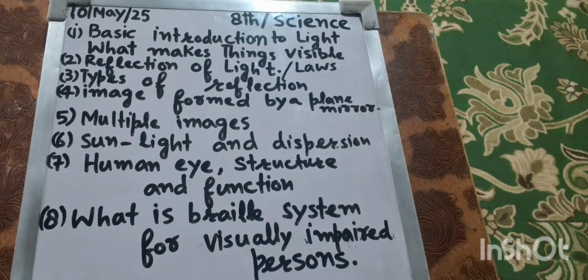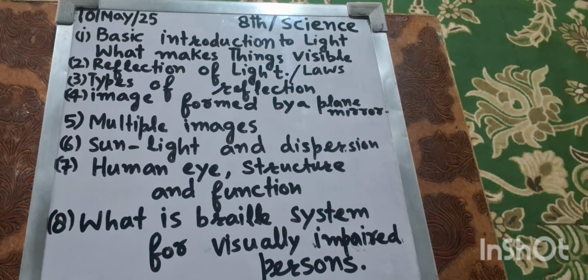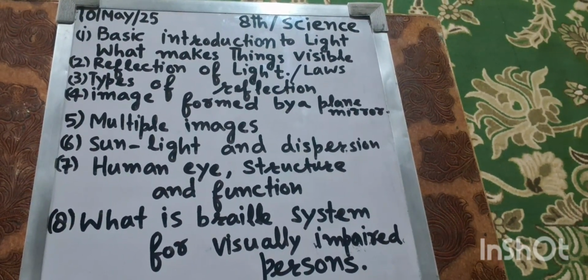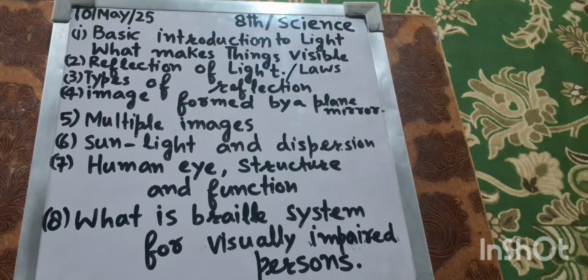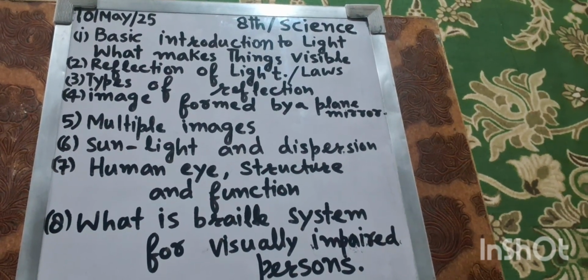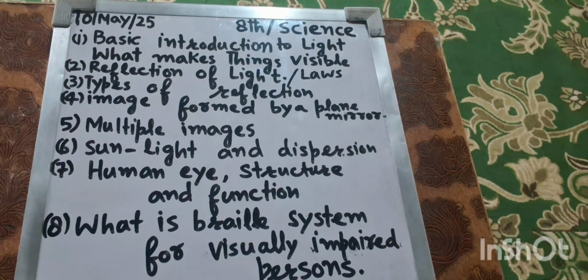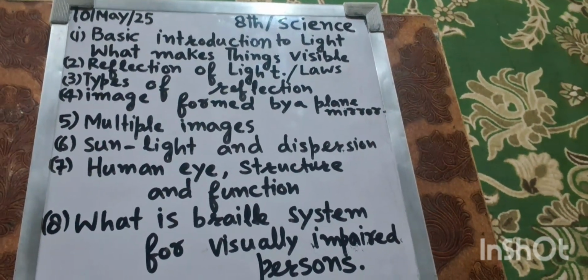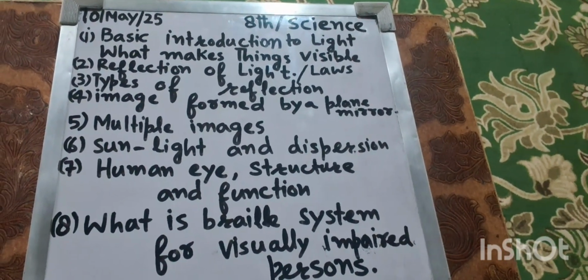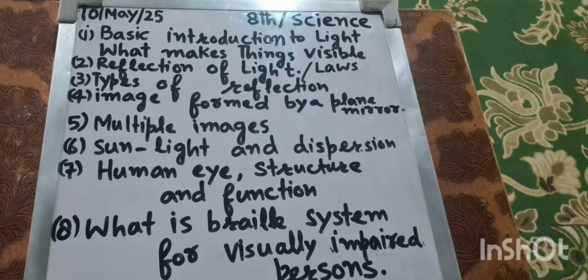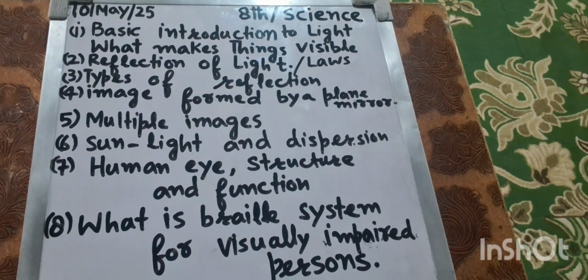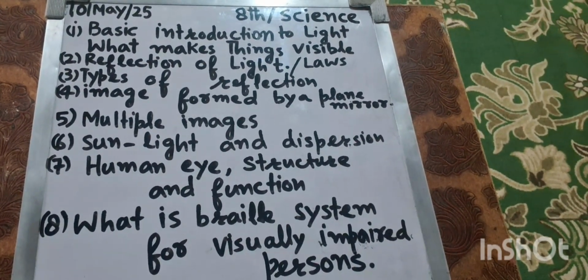And our fifth topic will be how multiple images are formed when two plane mirrors are inclined at different angles. We will also calculate the number of images formed when two different mirrors are kept at different angles.